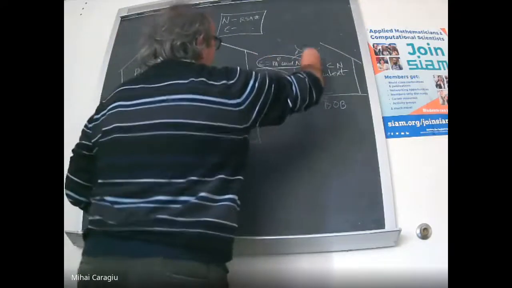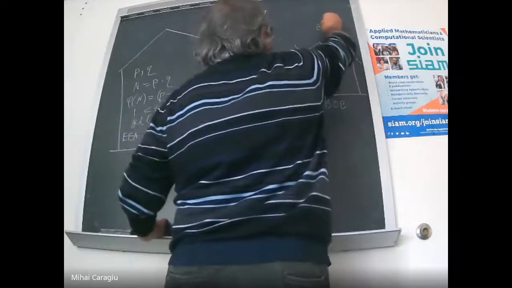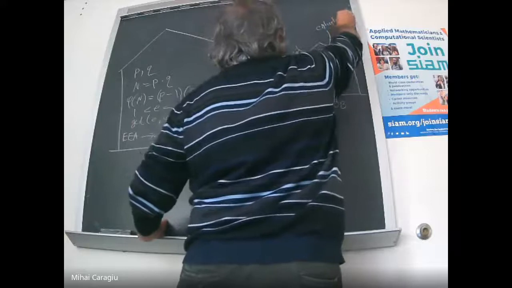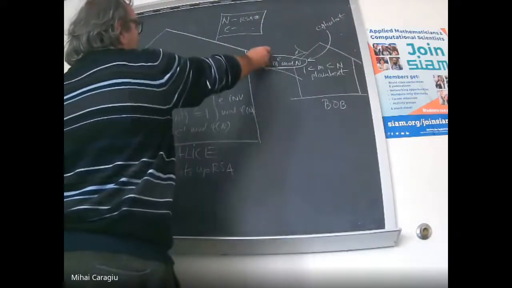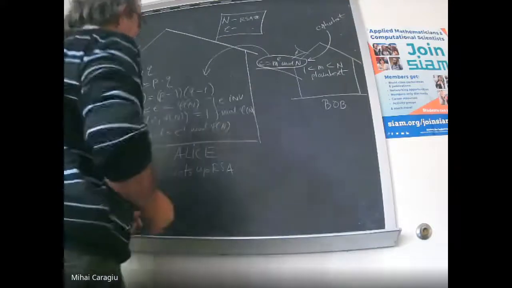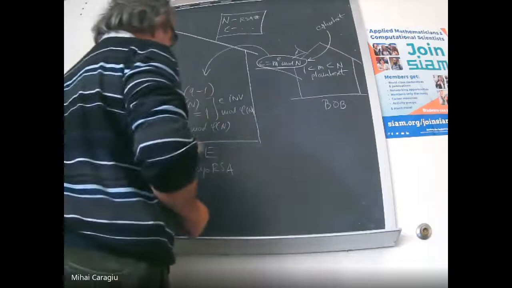There's the cipher text, and this ciphertext will be sent over to Alice.